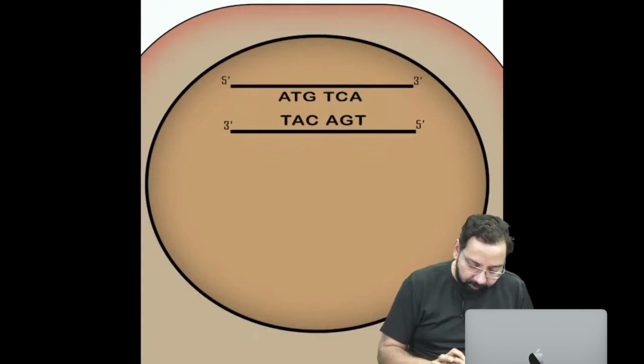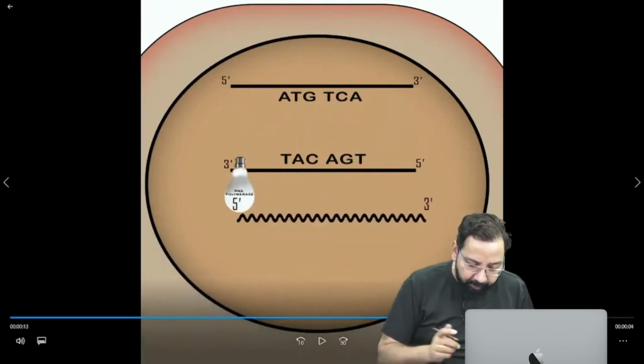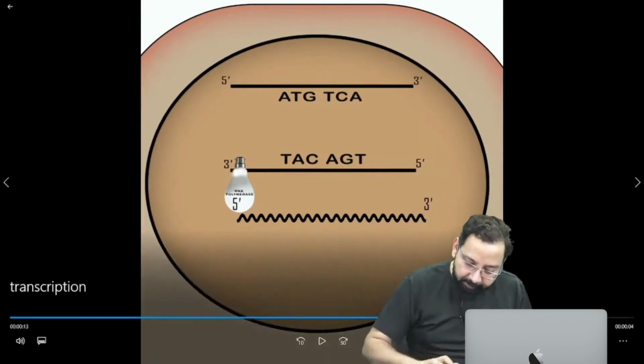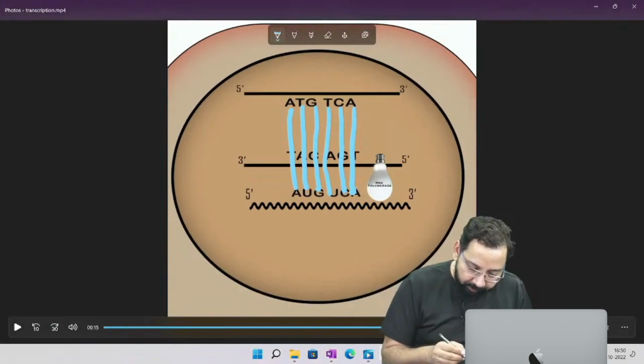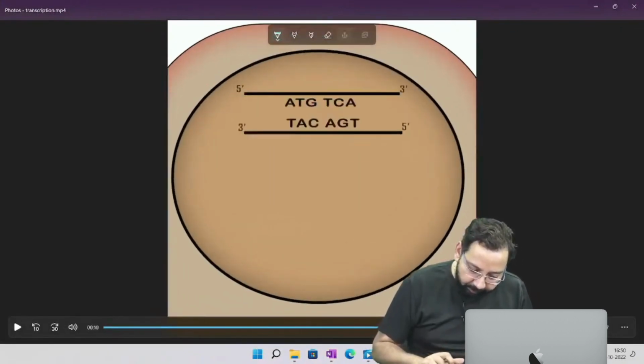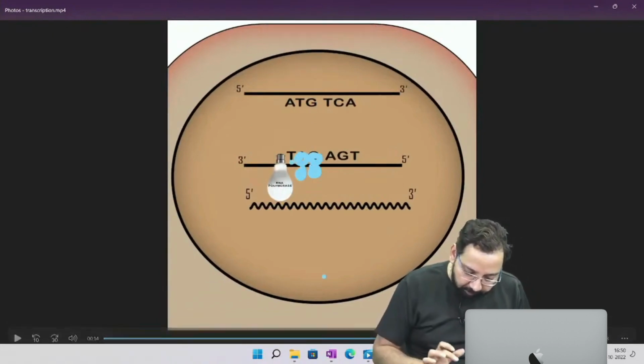But if the repressor tetramer is there, it will not be able to synthesize.